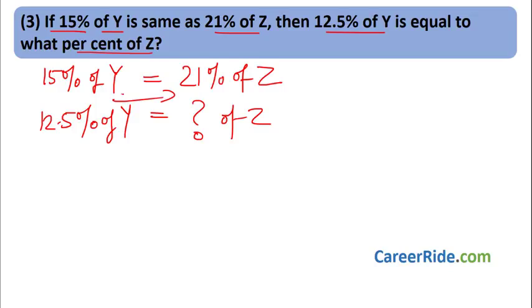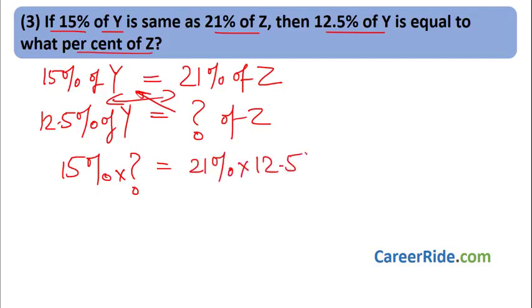Simply cross multiply. What do we get? 15% into question mark equal to 21% into 12.5%. Now why could we simply cross multiply? Because we had Z on one side, Y on one side.